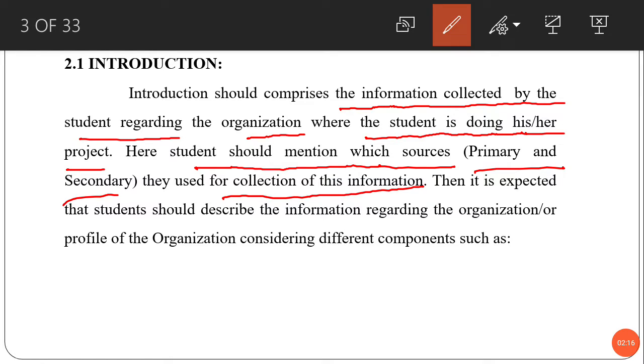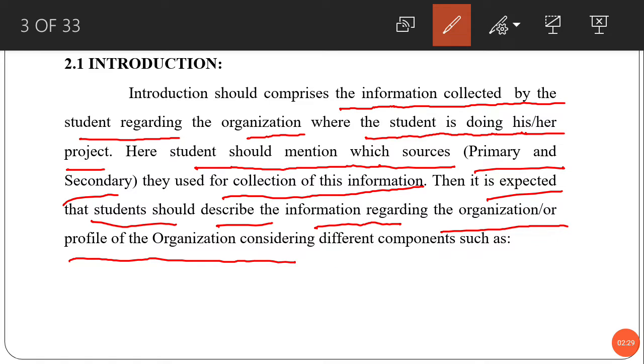Then it is expected that the student should describe the information regarding the organization, or profile of the organization, considering different components.